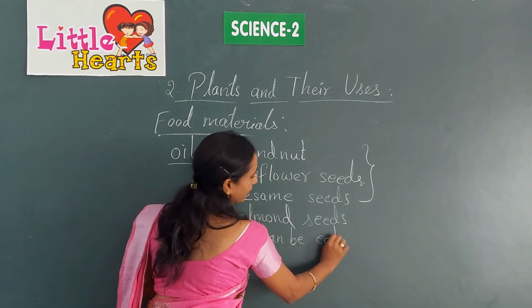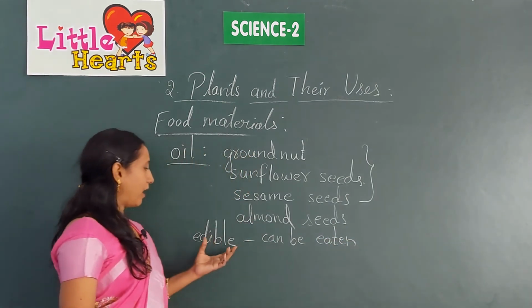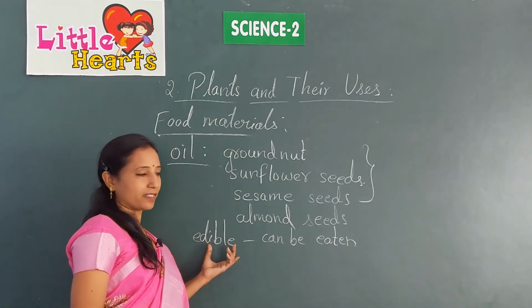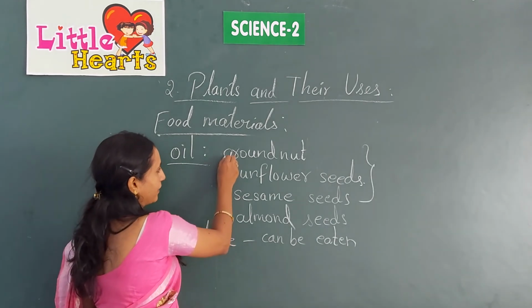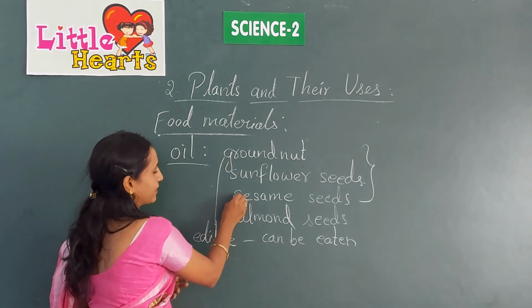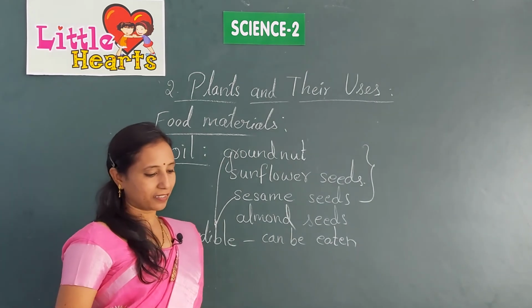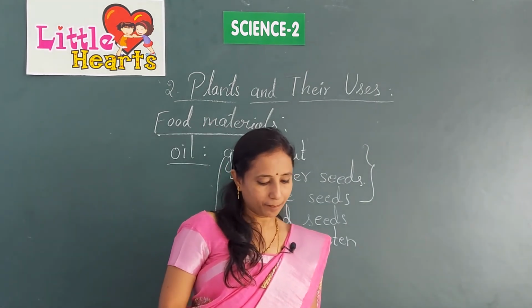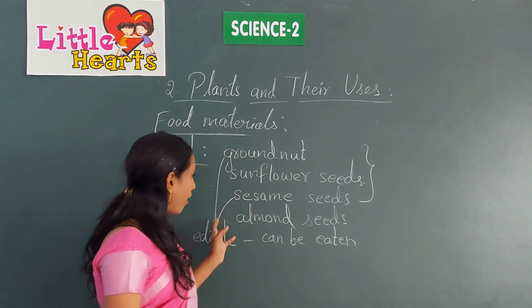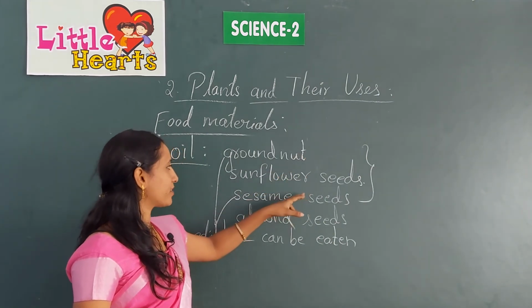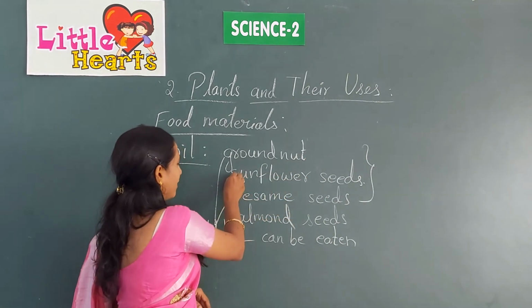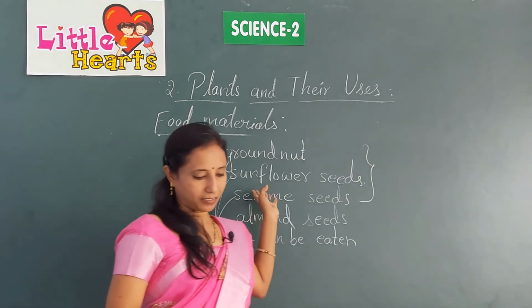They are called edible seeds. So what are examples of edible seeds? Groundnut seeds, sesame seeds. These are the examples of edible oils. These are used for cooking or preparing curries.